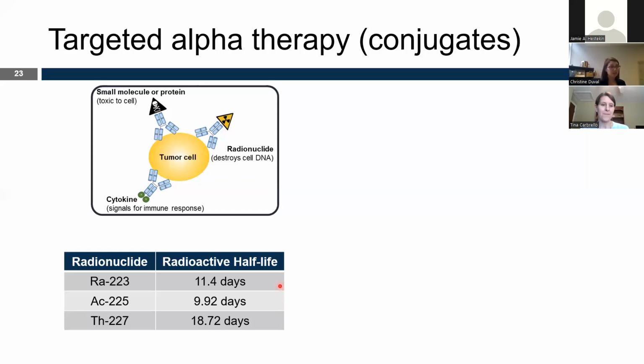And so the half-life is related to your rate of decay. So we always want to be keeping in mind that it's a game of competing rates, right? We want enough alpha particles to be produced per time such that we can destroy that DNA before it repairs itself, right? But we don't want to have so much of a radiotoxic dose that we do more damage than we actually want to. So the sweet spot for these alpha therapies seems to be in the window of 10 to 20 days.